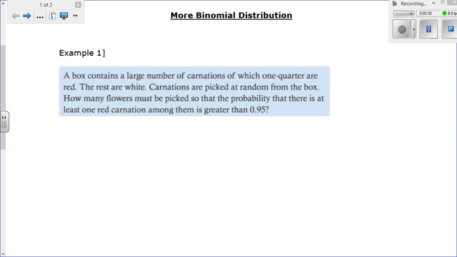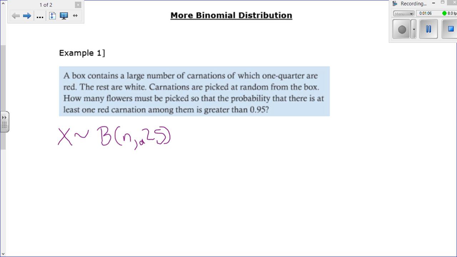Alright, so our notation is going to be X as a binomial distribution, and n, we don't know how many there are, but we do know the probability to be 0.25, because 1/4 are red, therefore the probability is 0.25.